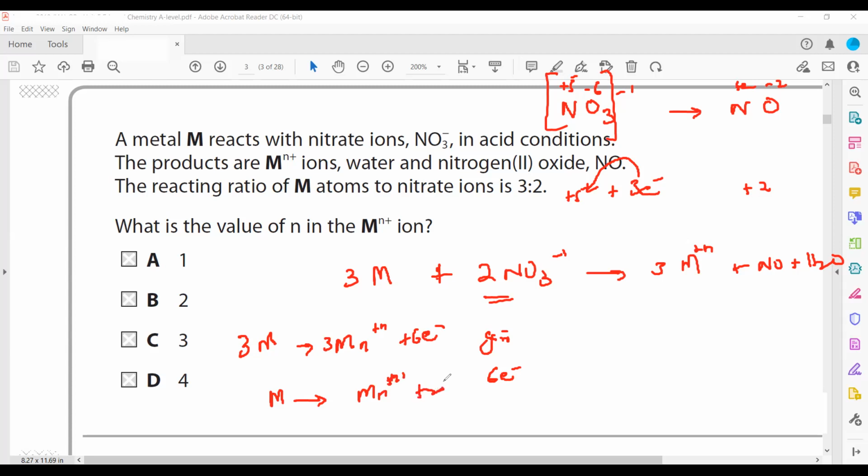So what should be the charge here? The charge for the metal should be 2+, or +2. That's why B should be the right answer.